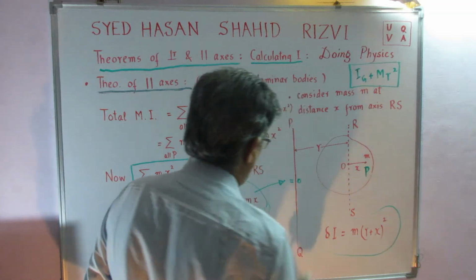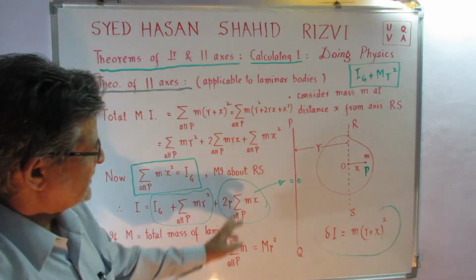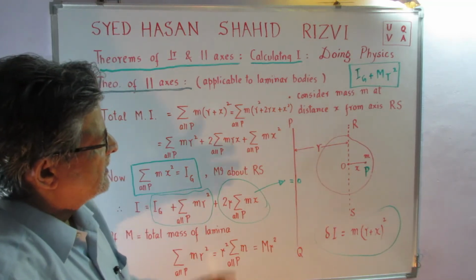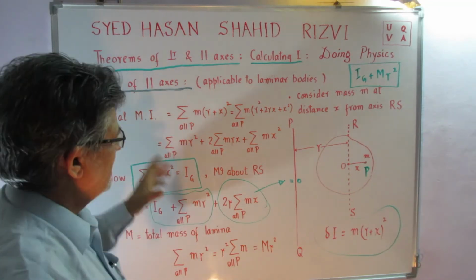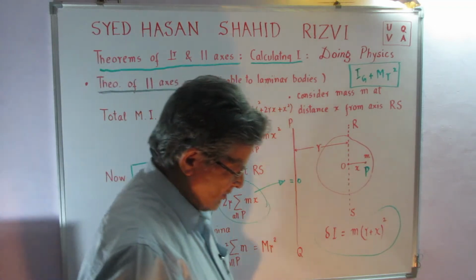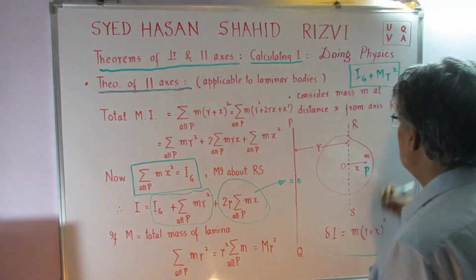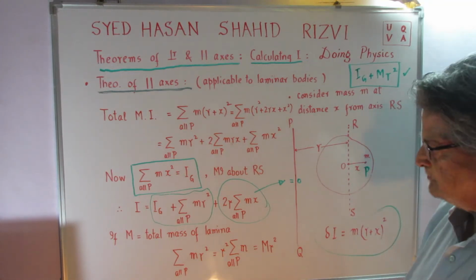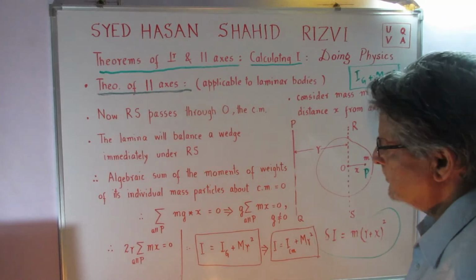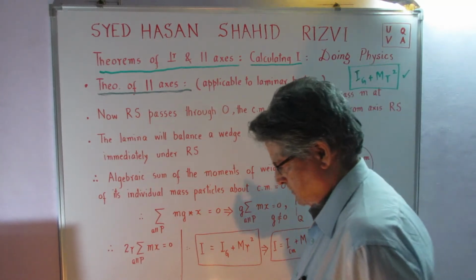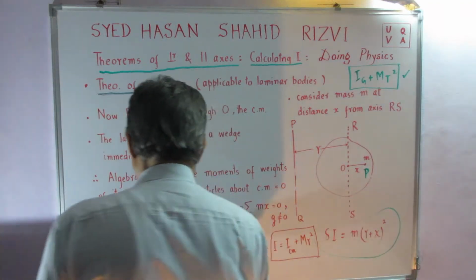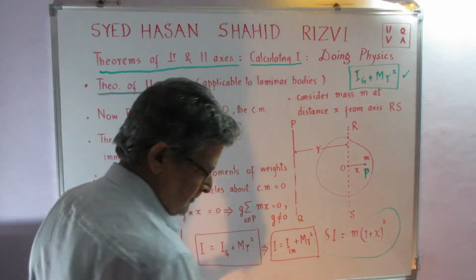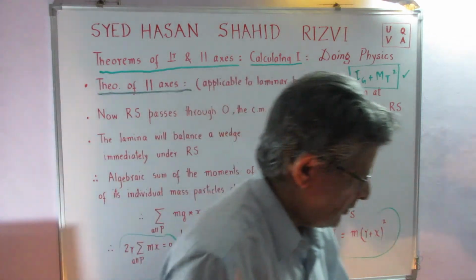If it is equal to 0, and I will show it to you that this term turns out to be 0, then the value of the moment of inertia will turn out to be equal to Ig plus mr square. So the third term that was there, I have to show that this is equal to 0. How do I do that?